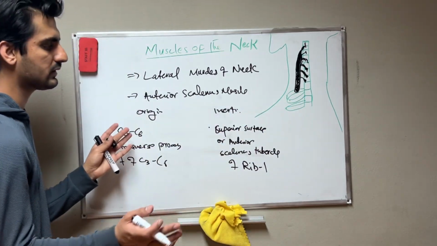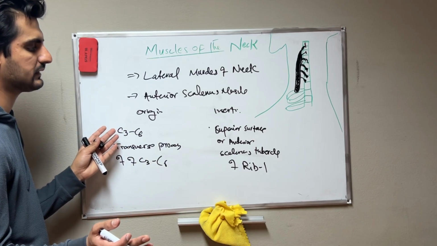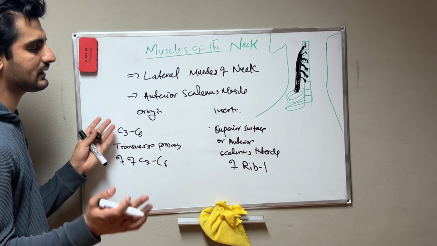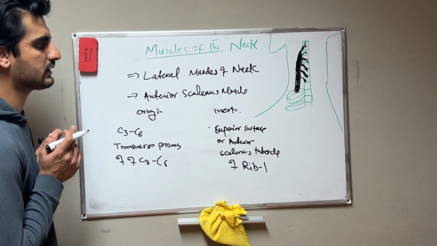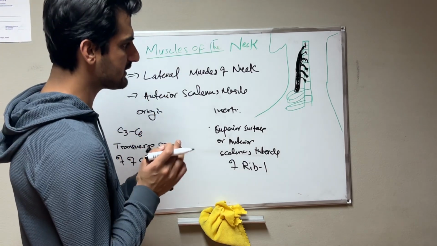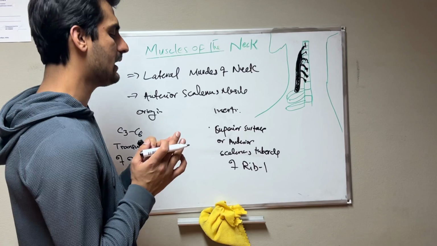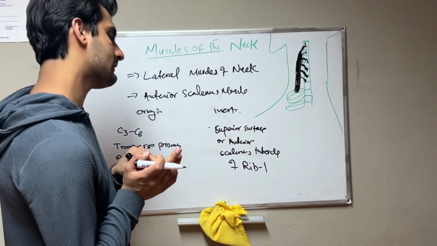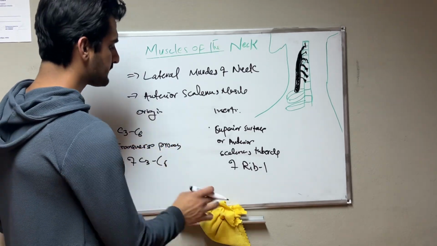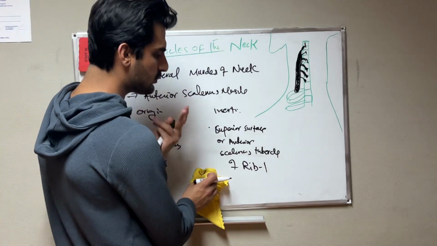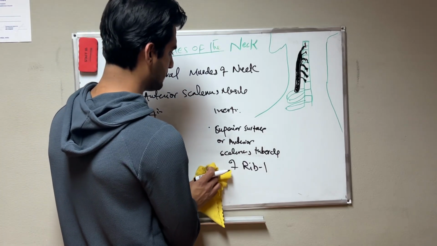These muscles of the anterior scalenus are part of the lateral group of muscles of the neck. As for function, this muscle helps in abduction and adduction of the neck, and also extension, in lateral and bilateral directions.